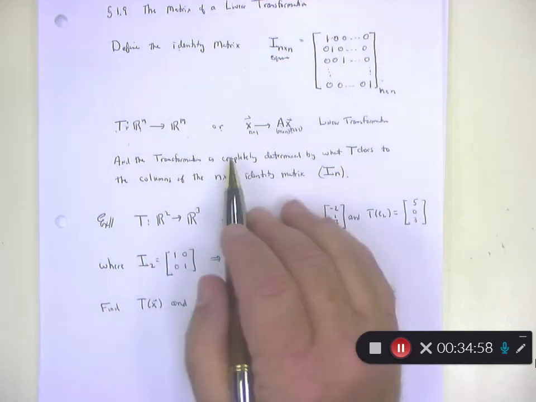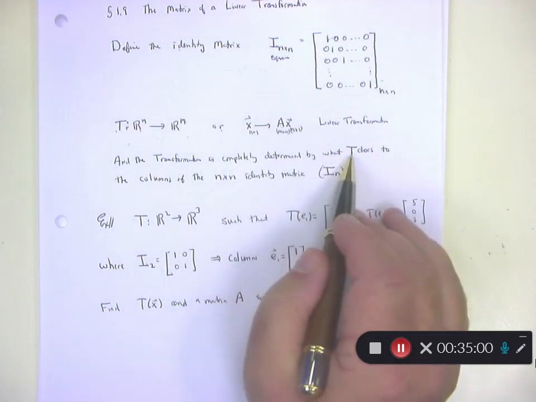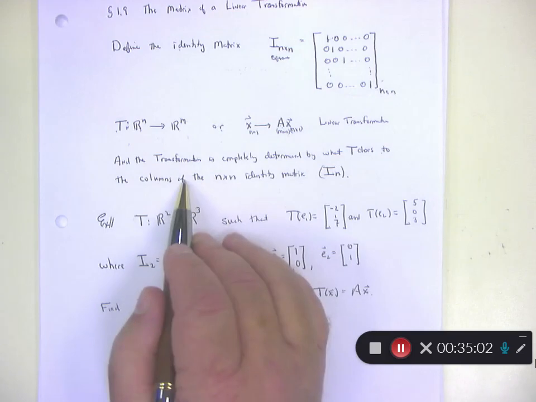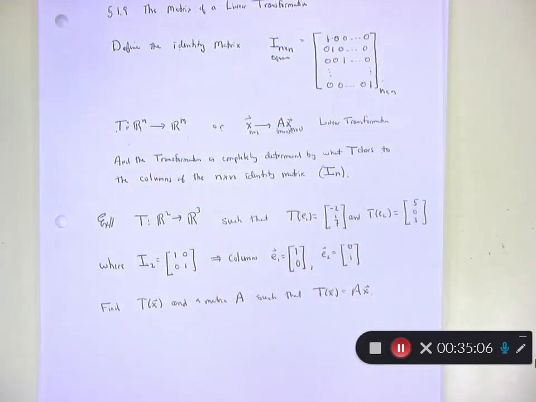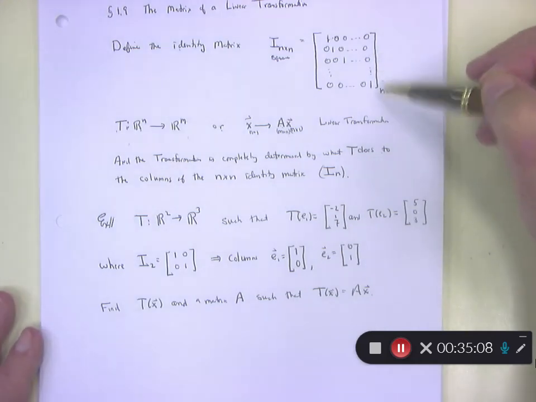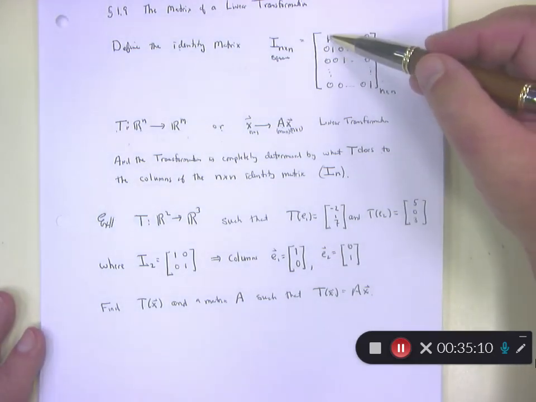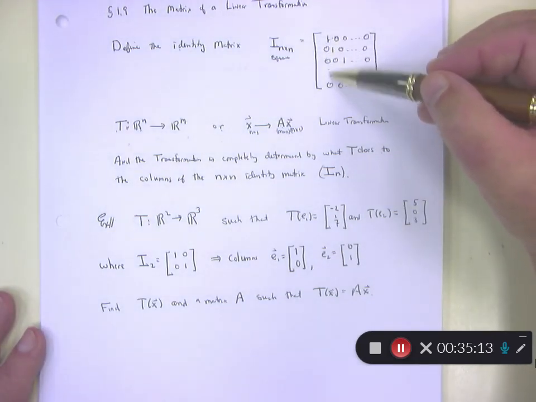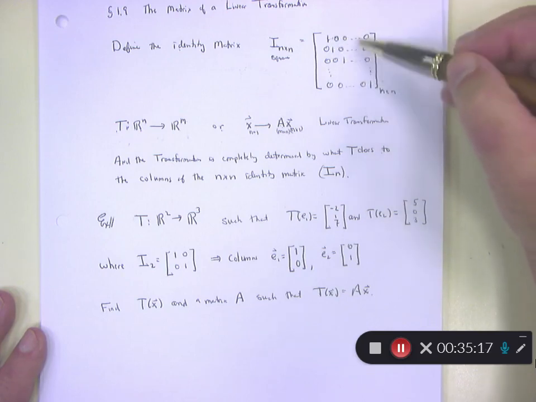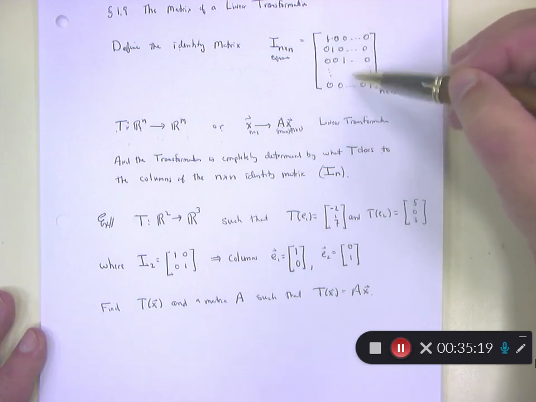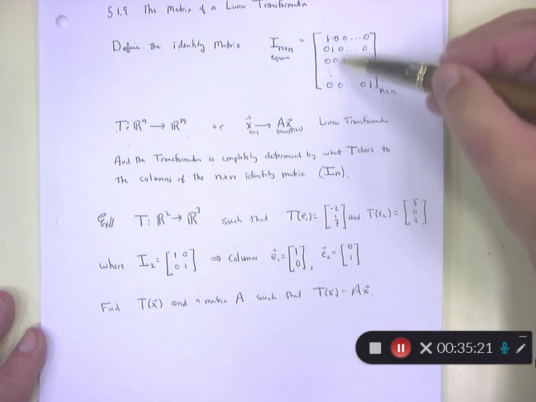The transformation is completely determined by what T does to the columns of an n by n identity matrix. Why is that? This thing's n by n. If you look at the columns, you've got 1, 0, 0, 0, then 0, 1, 0, 0, then 0, 0, 1, 0, and so on.